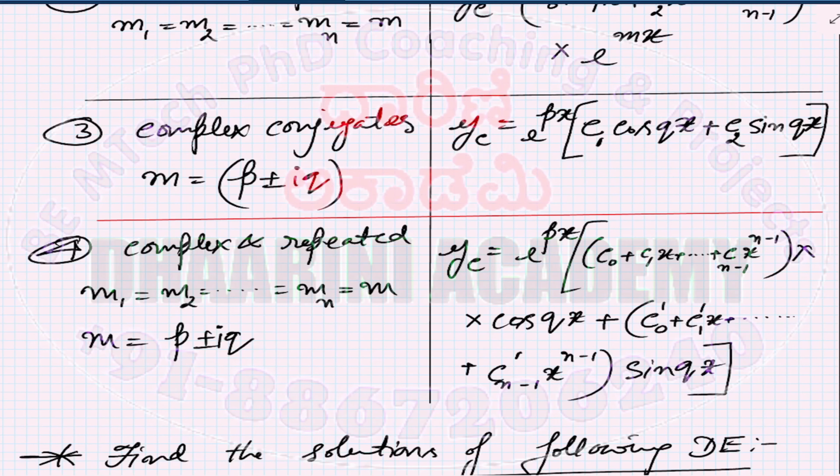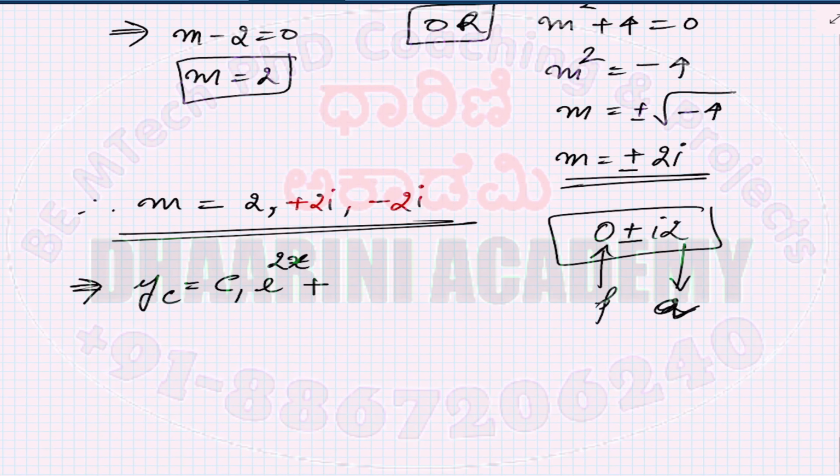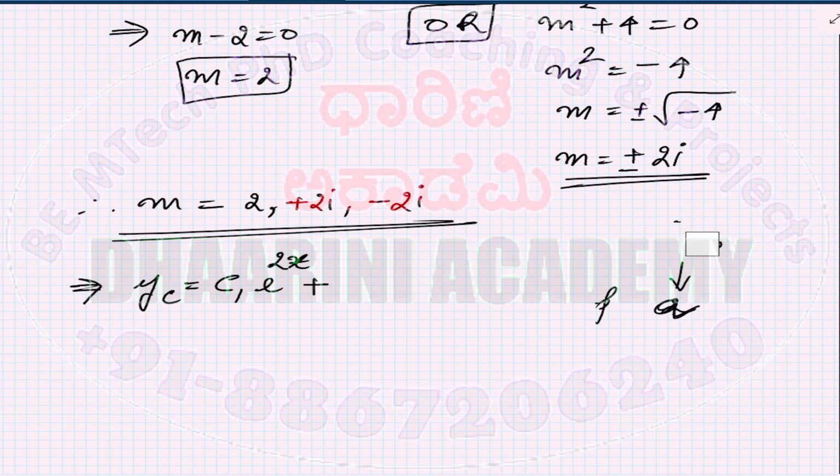All right, so let me go to the solution now. For the second case, I'll follow the same notation, e to the power px, but e to the power 0x, which is 1, e to the power 0, which is 1, right? Into, I have to write, take another constant.